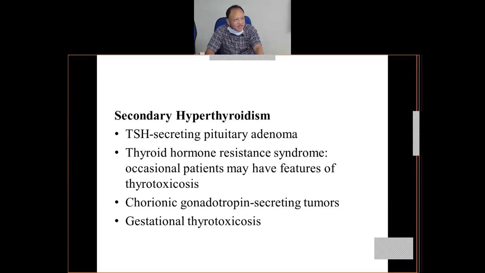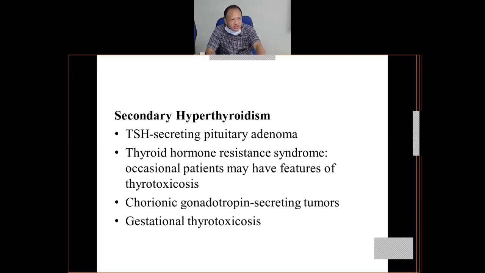So it can be a TSH secreting pituitary adenoma, or a condition known as thyroid hormone resistance syndrome. When you have thyroid hormone resistance syndrome, the person is not responsive to the thyroid hormones, so they need a large amount of TSH to stimulate production, and this can increase the production of thyroid hormone.